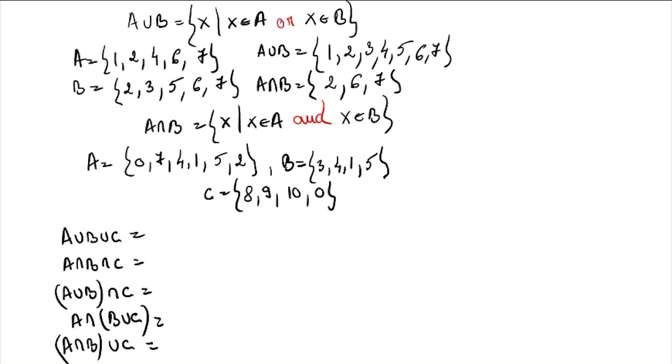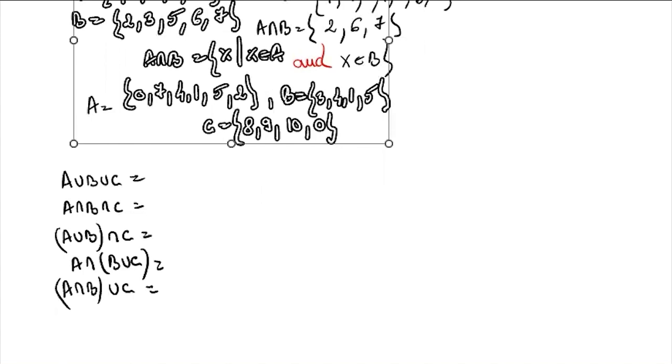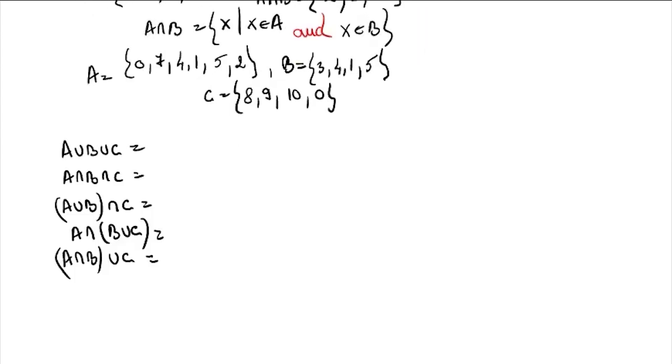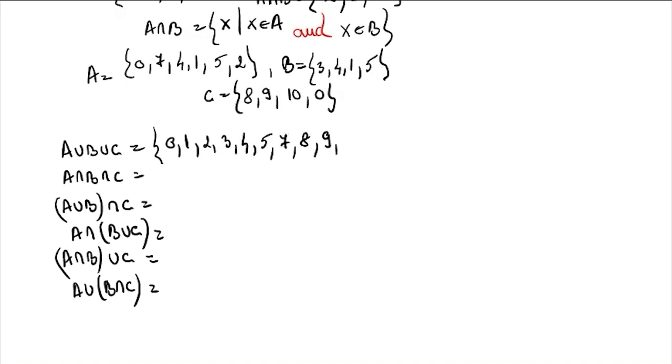Furthermore, I'm going to calculate also A reunited with the intersection of B and C. First, I know that reunion is all the elements taken once, and I have 0, 1, 2, 3, 4, 5, 7, 8, 9, 10.